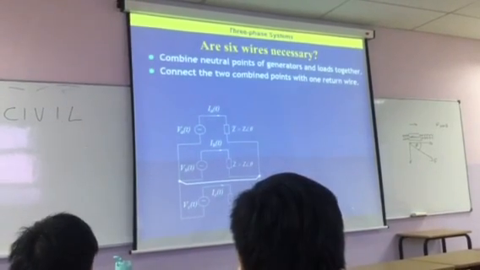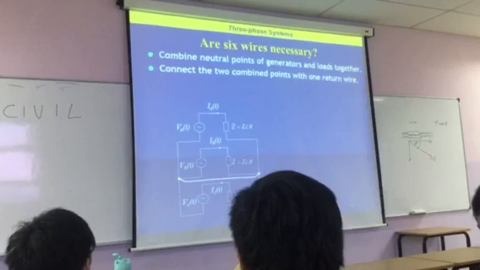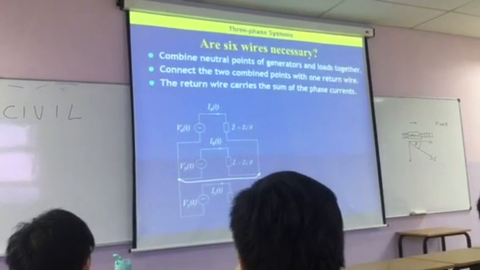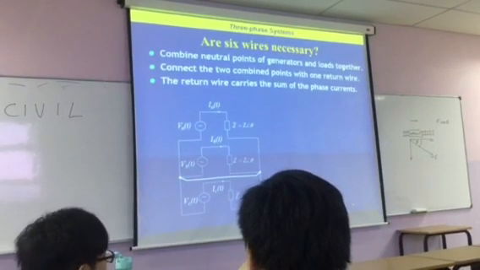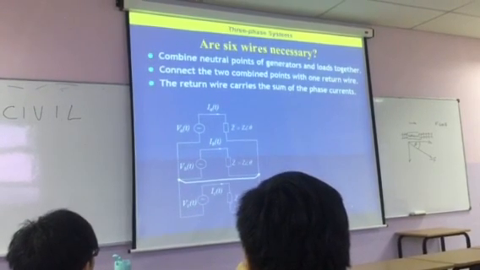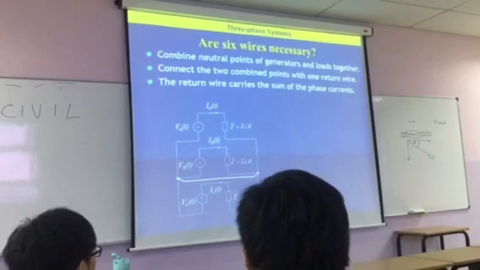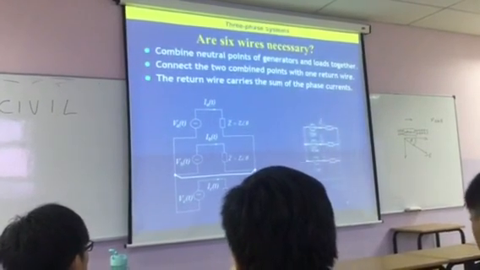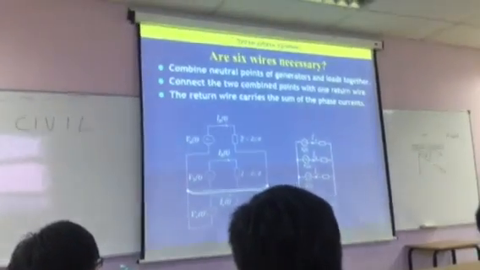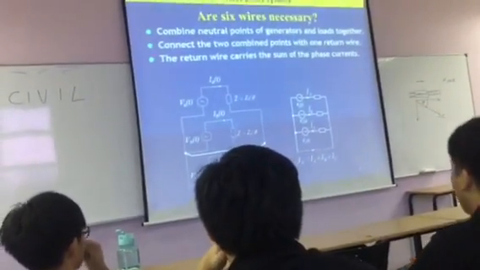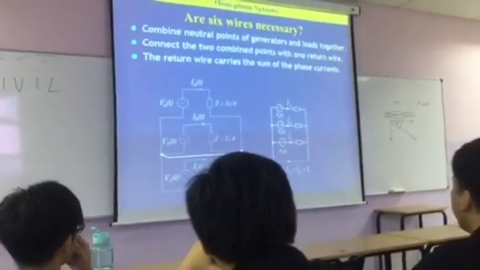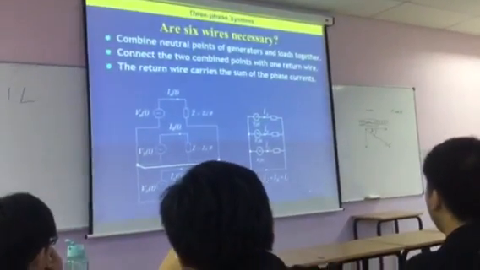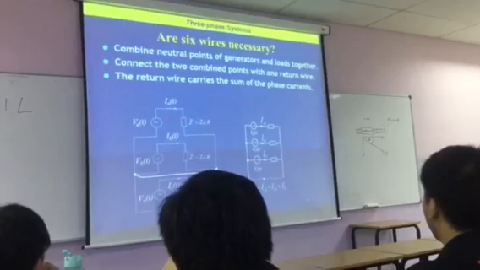The answer is no, they're not necessary for this particular system. The return wire, or the neutral, can carry the sum of the phase currents. That is a much more normal arrangement for 3-phase. So 3-phase is a 4-wire system.